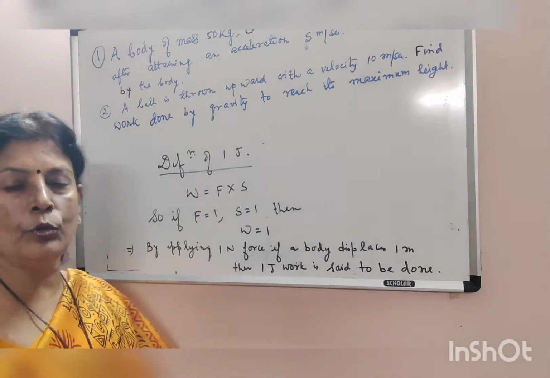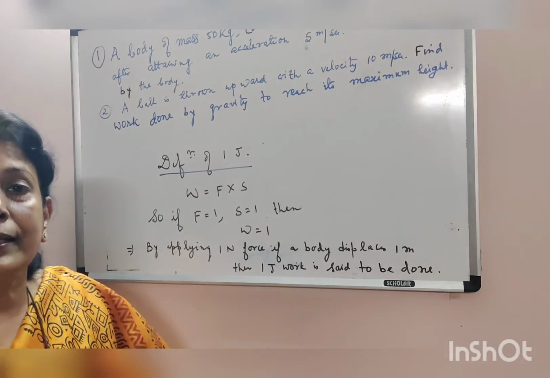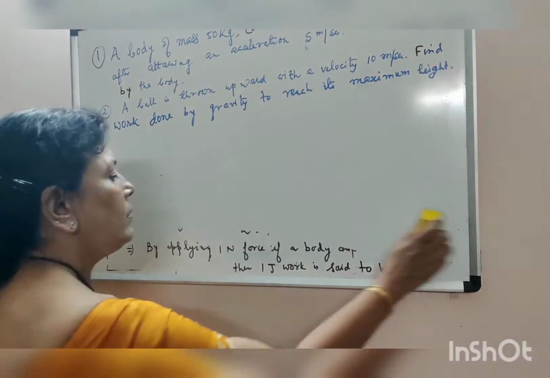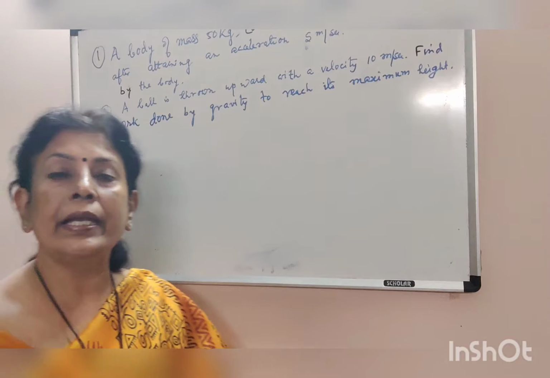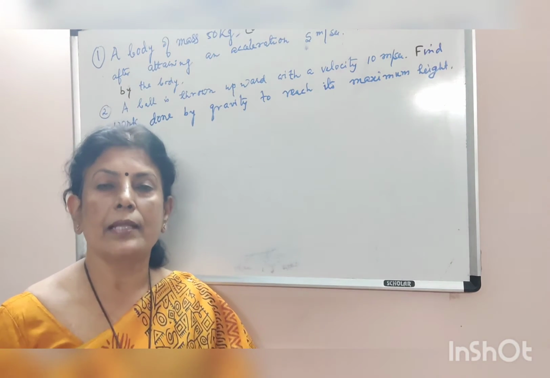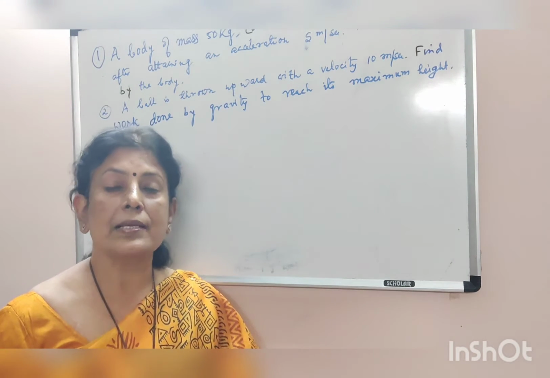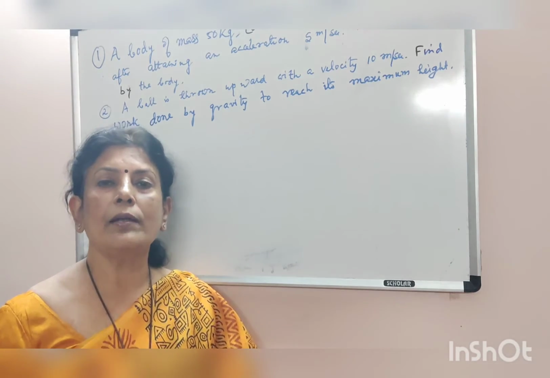Now we have to know what is meant by dimension. What is dimension? Expression of any unit in terms of mainly three fundamental units, that is mass, length and time is called dimension.